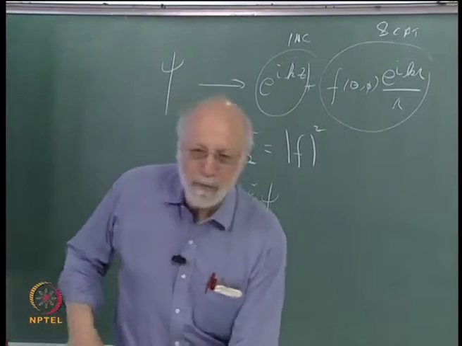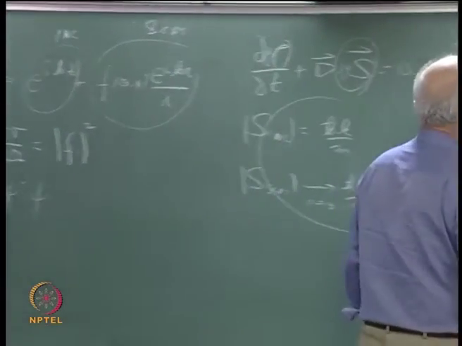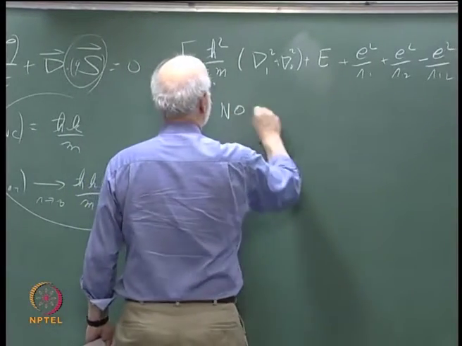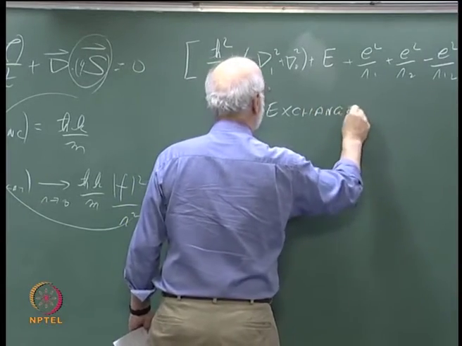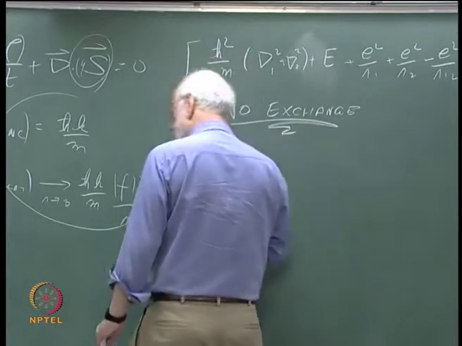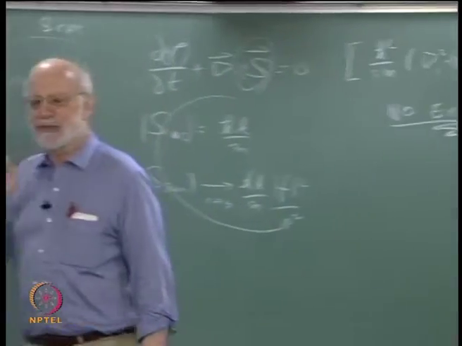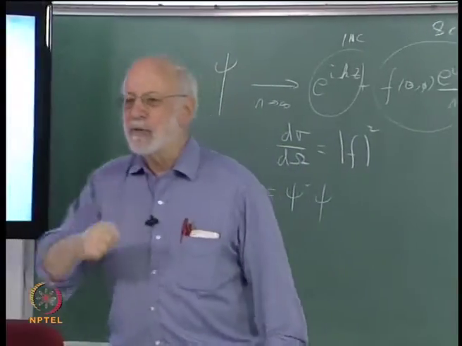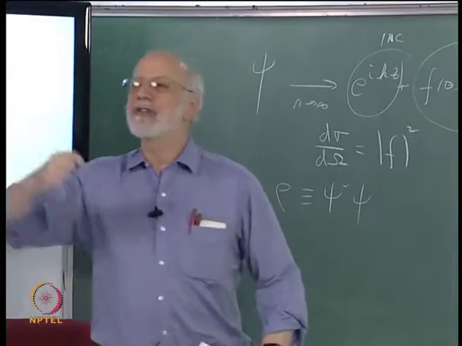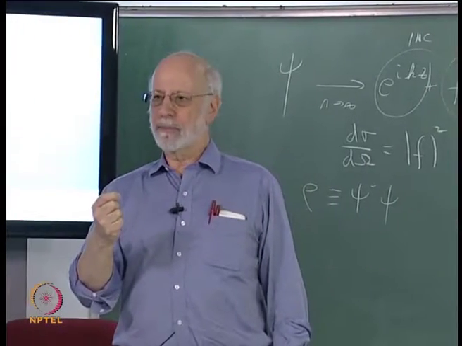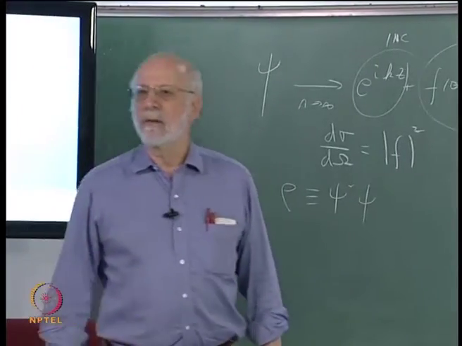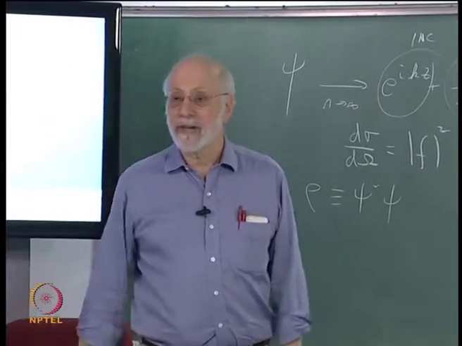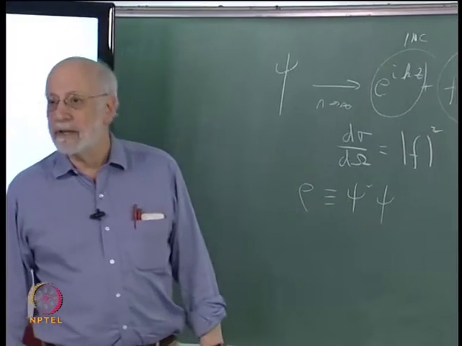So my first approximation is no exchange. And that implies that this will be reasonable as long as the incident electron is going much faster than, or has much higher energy is another way of saying it, than the atomic electron.